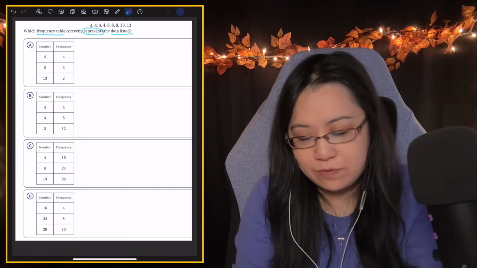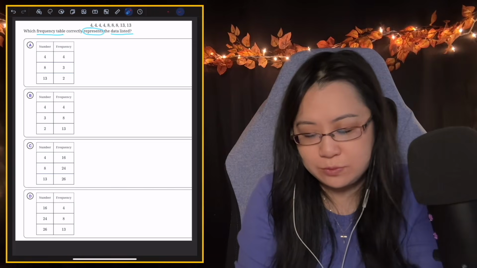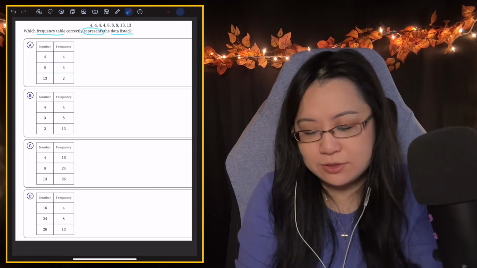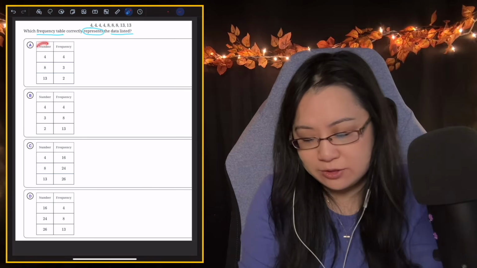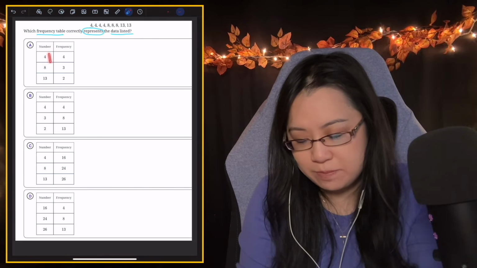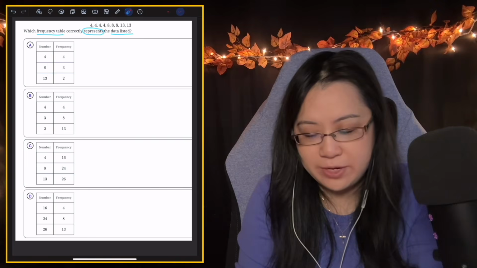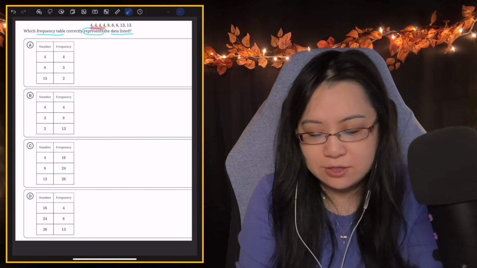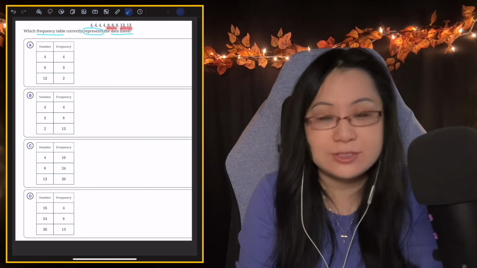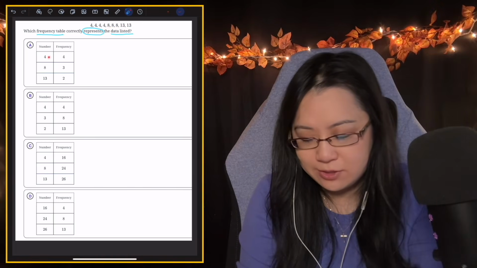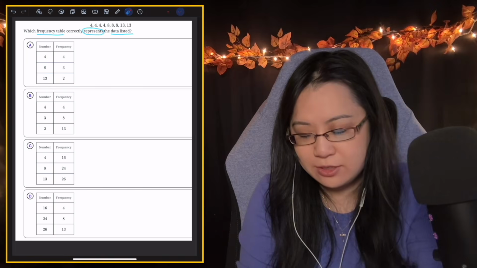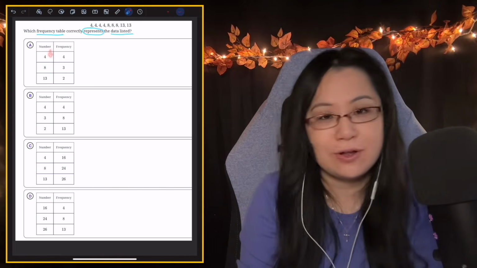First we want to write out the different possible values under this number column. Here we have 4s, 8s, and 13s, and nothing else, right? So I should see 4, 8, and 13 under this number column.